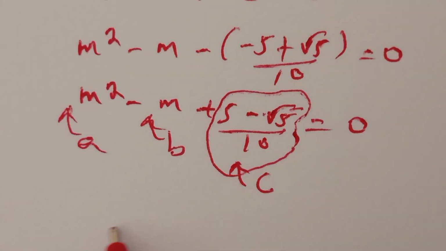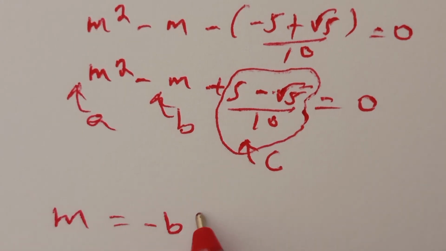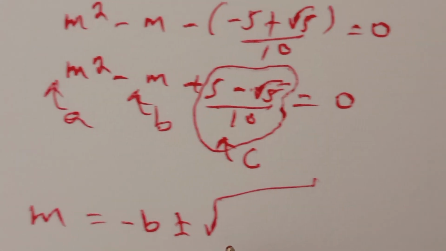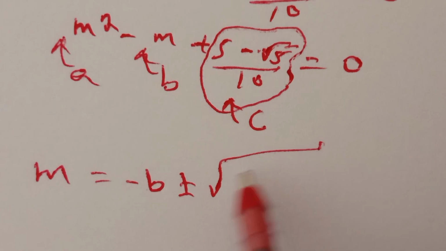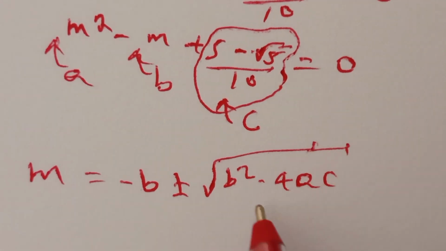So using the quadratic formula, m is equal to minus b plus or minus the square root of b squared minus 4ac over 2a.